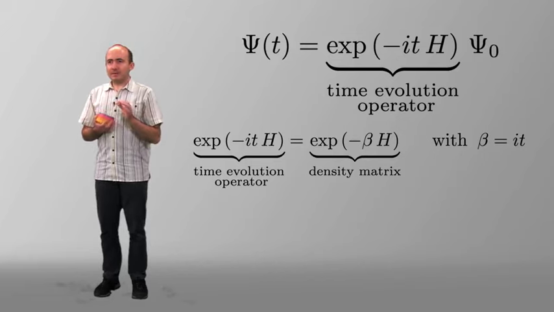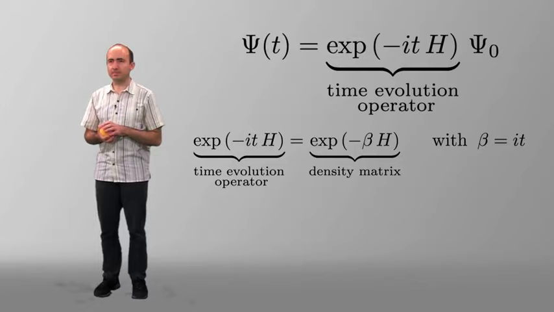So this relation provides us a dictionary, a mathematical dictionary between time evolution and thermal equilibrium. It is not only beautiful from an abstract point of view, but also very useful in practice.